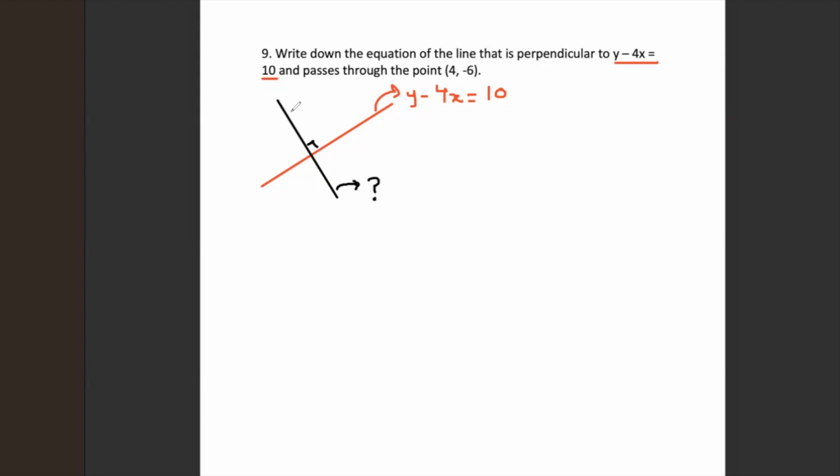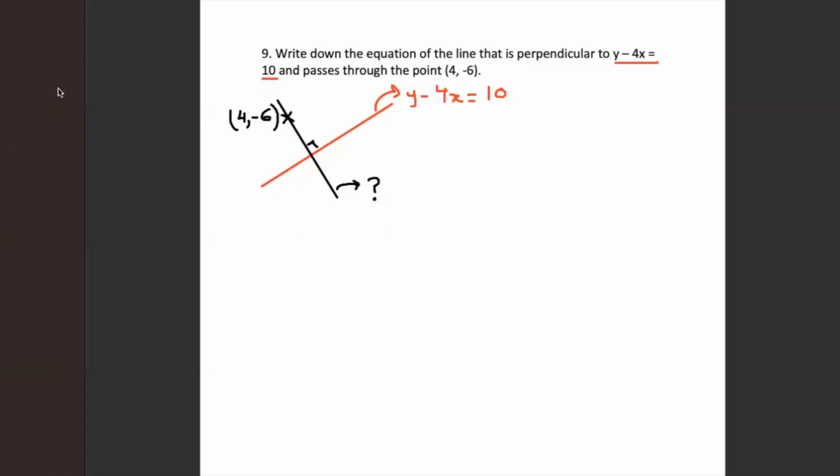So maybe this point there is 4, minus 6. So they have given us a point there as 4, minus 6.